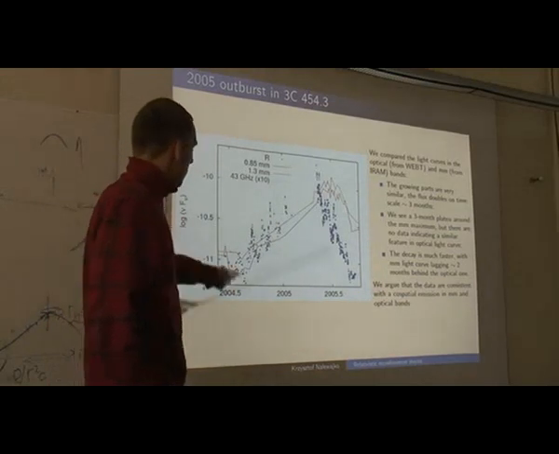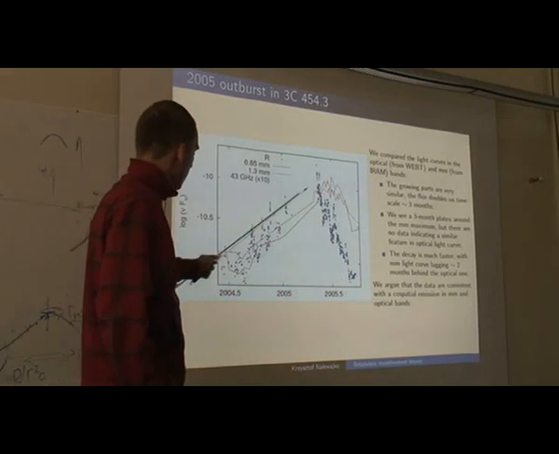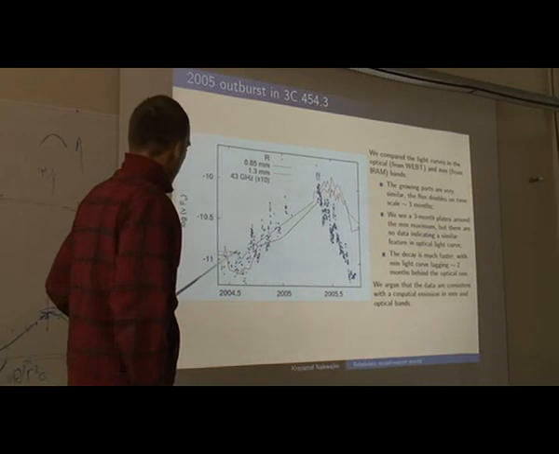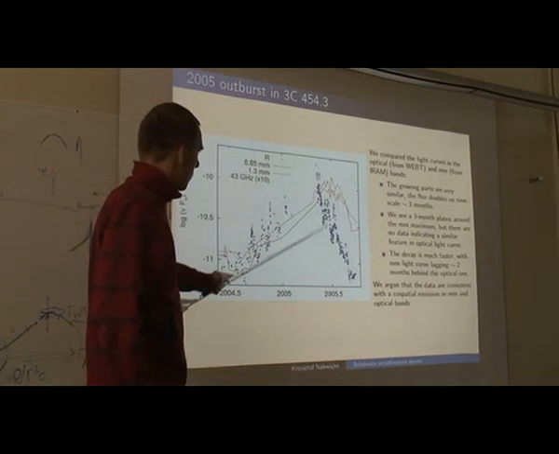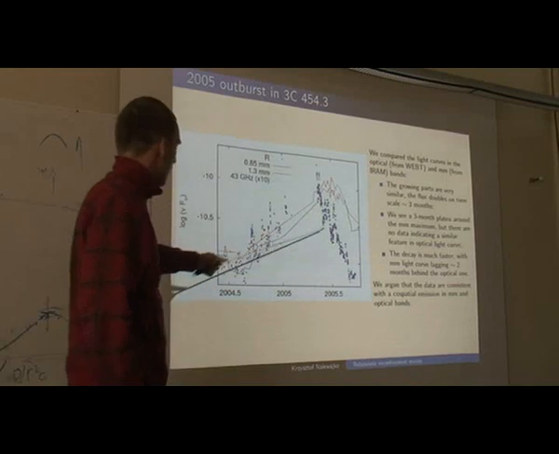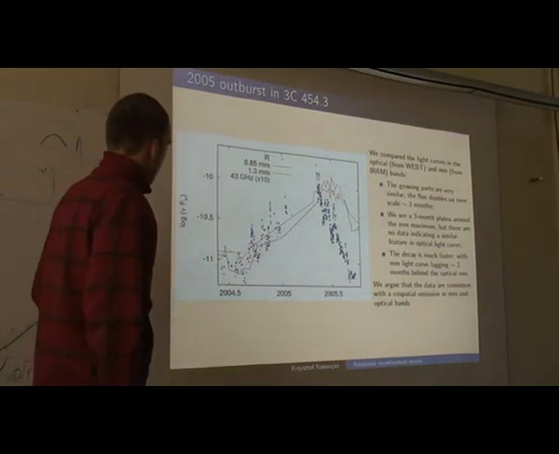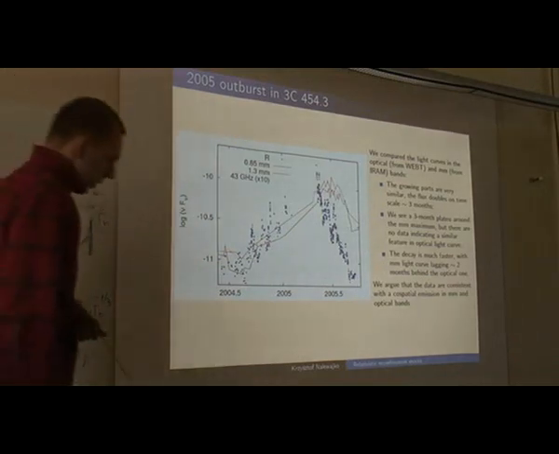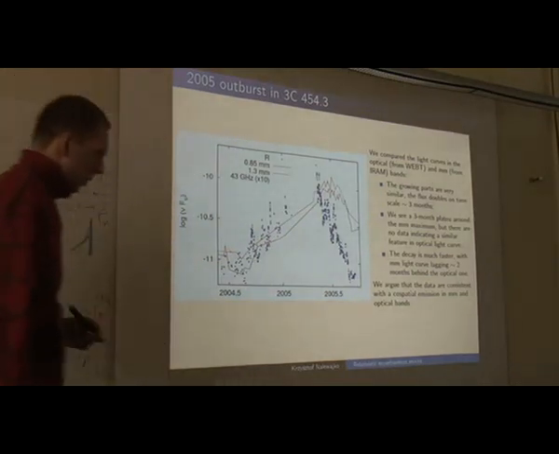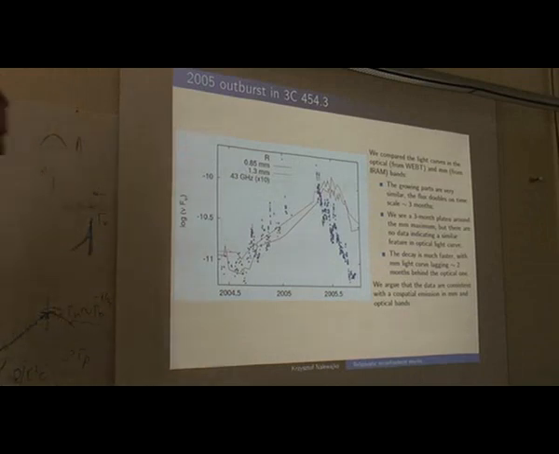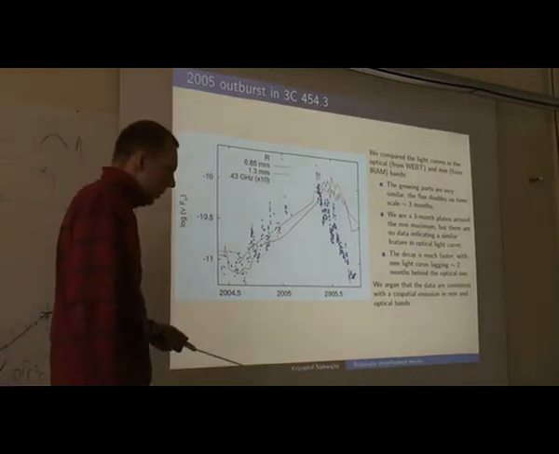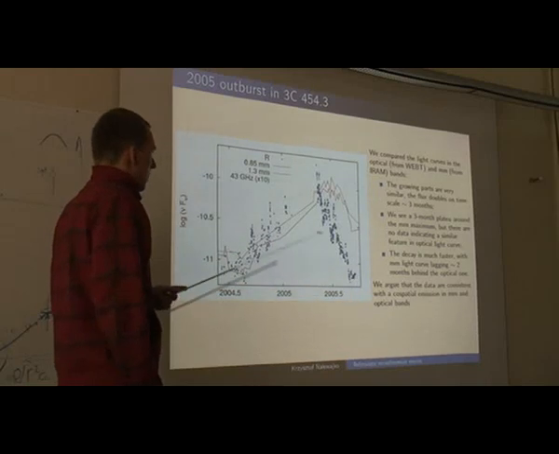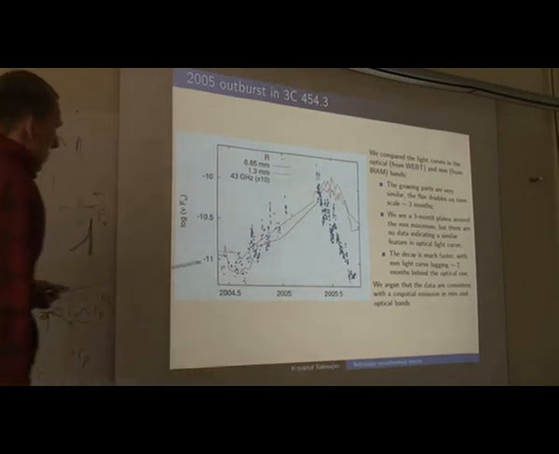Here is the radio, not radio but optical light curve, and for comparison the radio flux is also given here by this gray line, and there was a multi-wavelength campaign that was covering the object in X-rays and multiple optical bands, near infrared, and also radio.